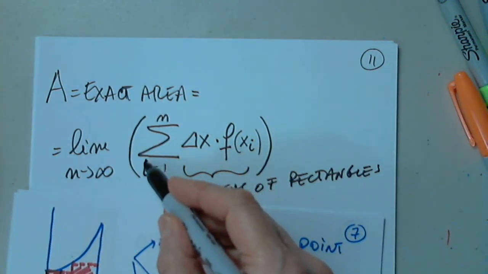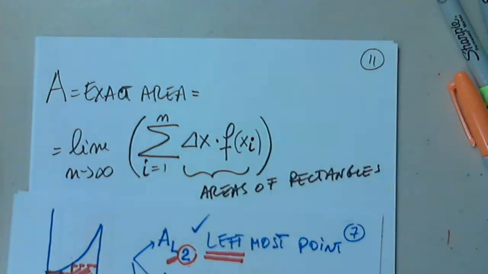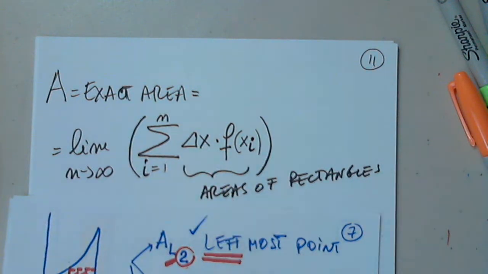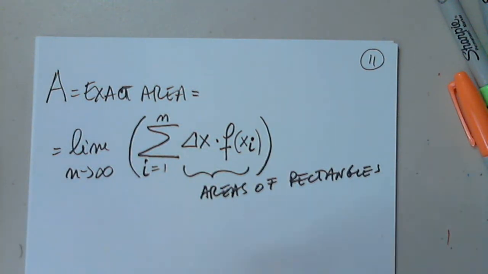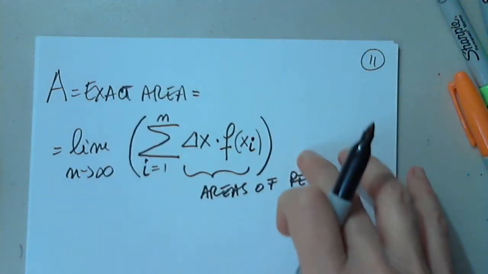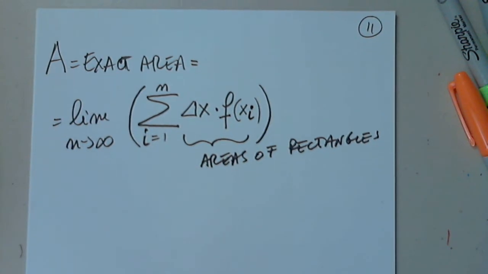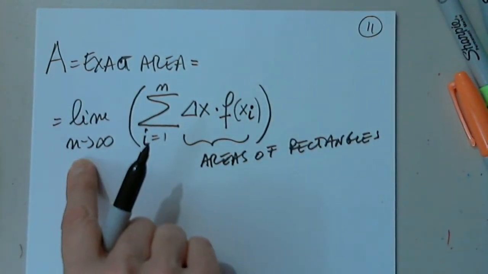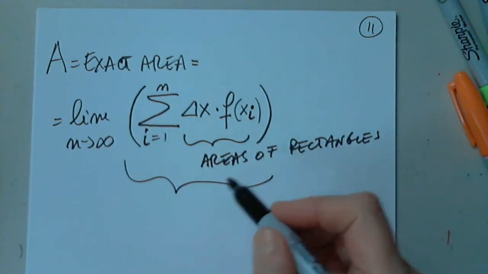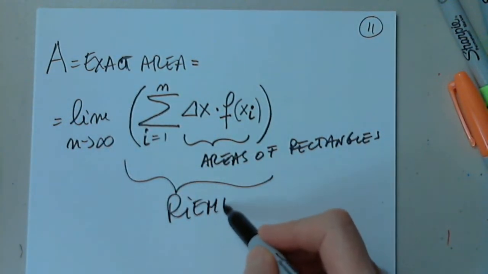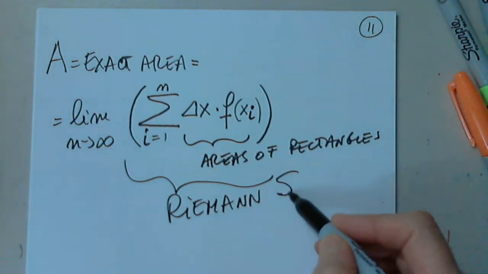So this index is the same as this index here. This is a constant. All this has a specific name. It bears the name of the mathematician who came up with it. It's the limit of the Riemann sum.